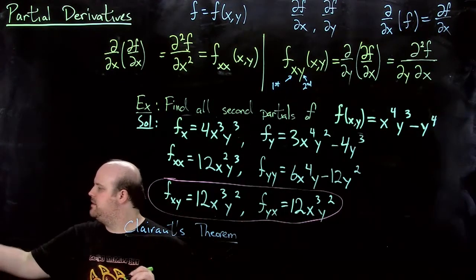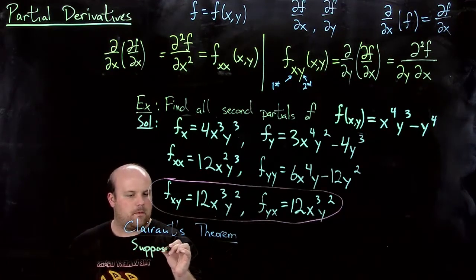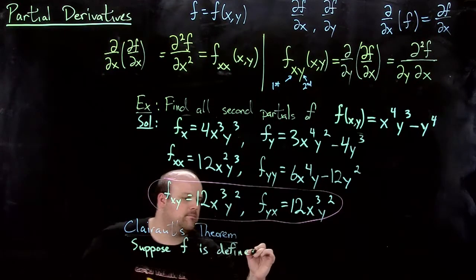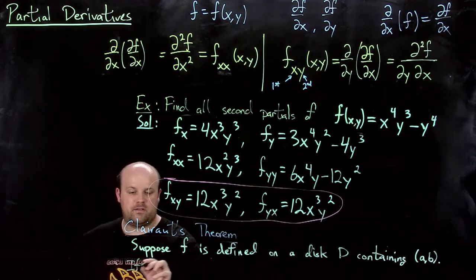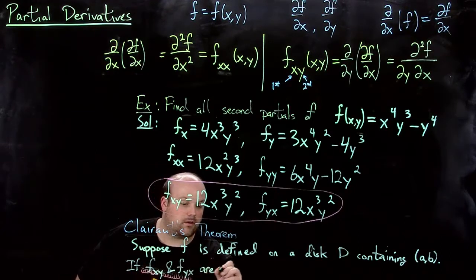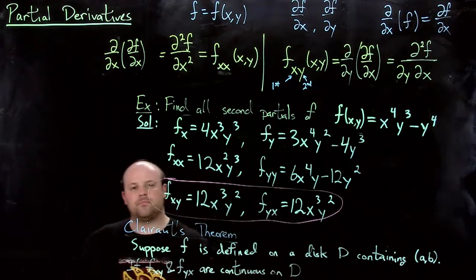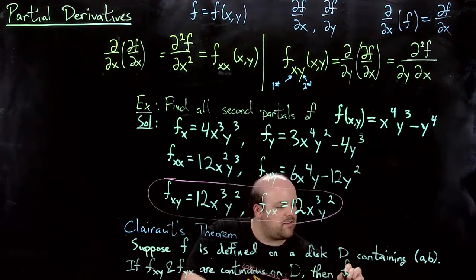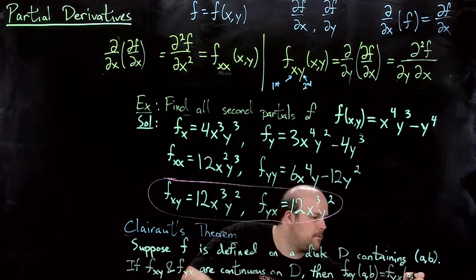So let's suppose f is defined on a disk D, fxy and fyx are continuous on D. Then fxy of AB equals fyx of AB.